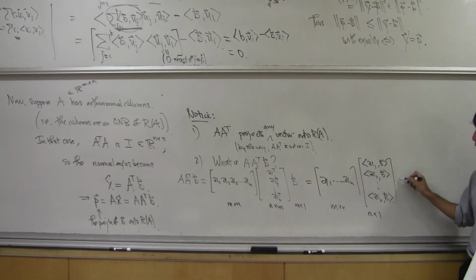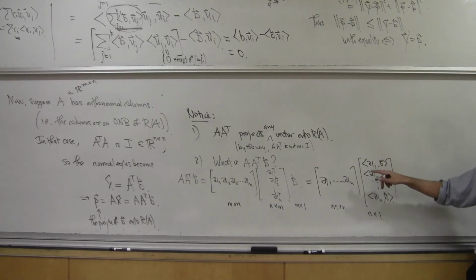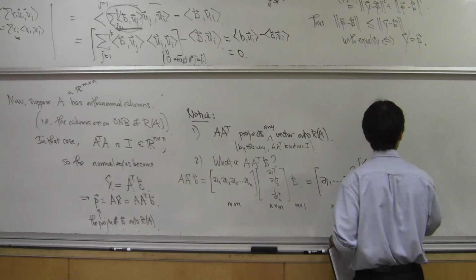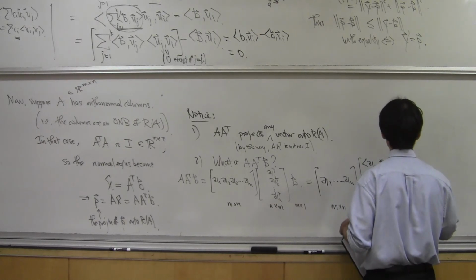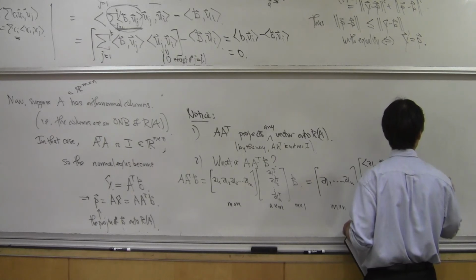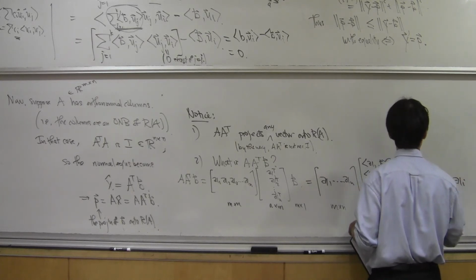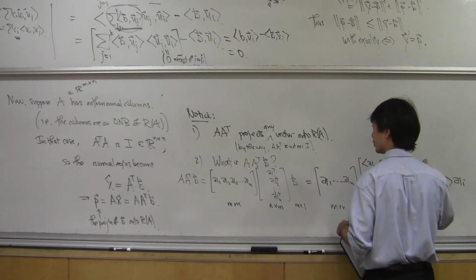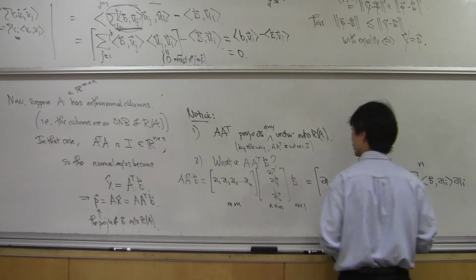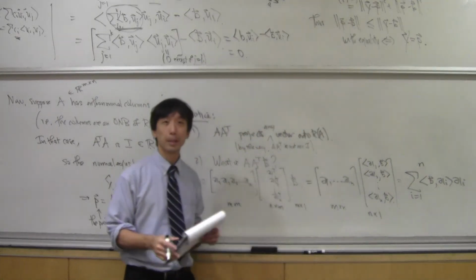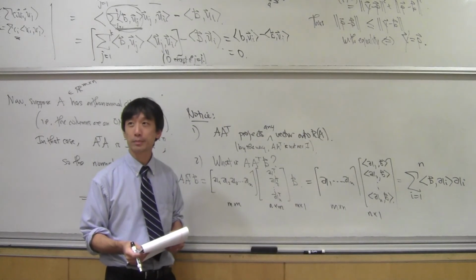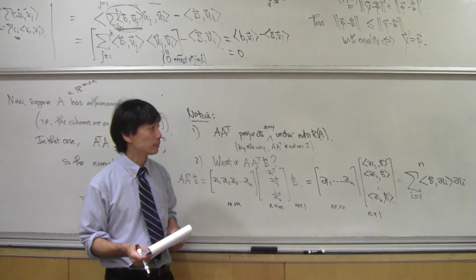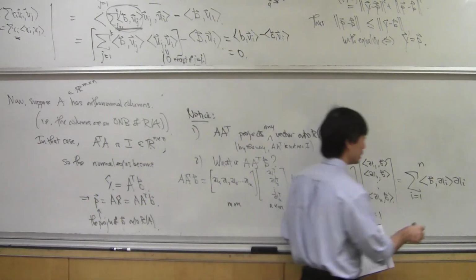You get the linear combination of the columns with these as the coefficients. Which you've seen before.